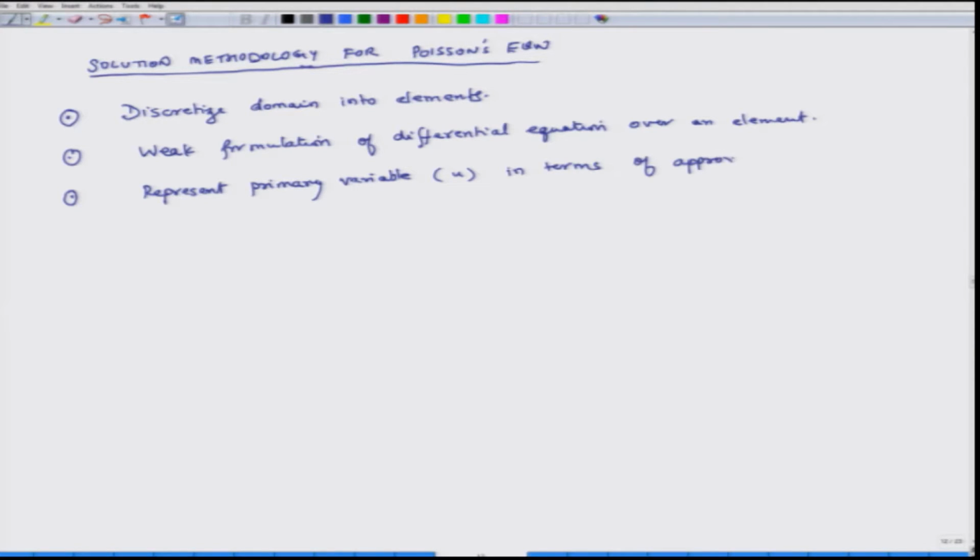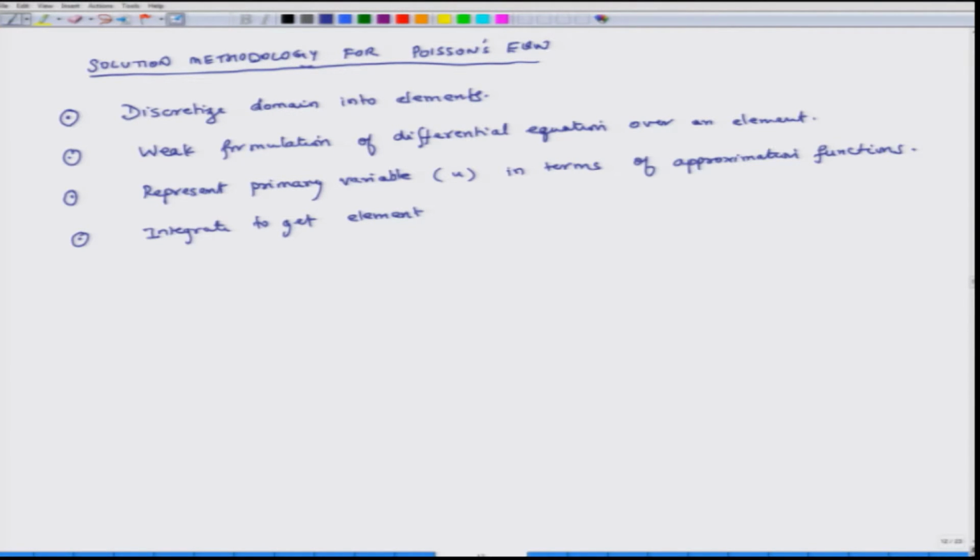Approximation functions. Right. Only once we assume these functions can we integrate, right? Otherwise, how can we integrate? Then we integrate to get element level equations.